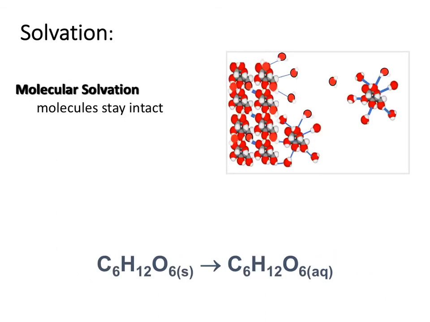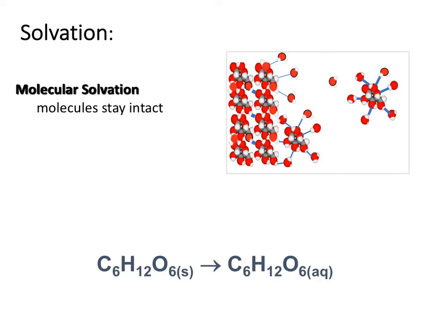Now, the last example here of solvation is molecular solvation. Okay, so in this situation, guys, the molecules stay intact. What do I mean by that? Basically, if I take a sugar molecule and I put it in water, all of the bonds in that sugar molecule are going to stay connected. The molecule itself is not going to change. The only thing that's going to happen is that the individual sugar molecules just get surrounded by the water molecules.